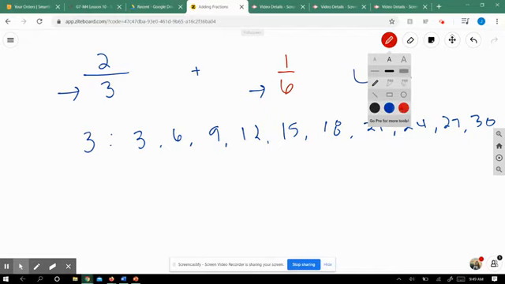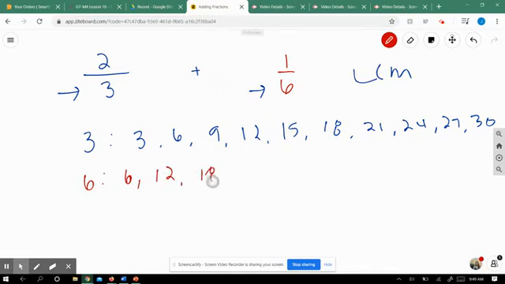And now for our 6, we can go ahead and do 6, 12, 18, 24, 30, 36, and we'll stop there.